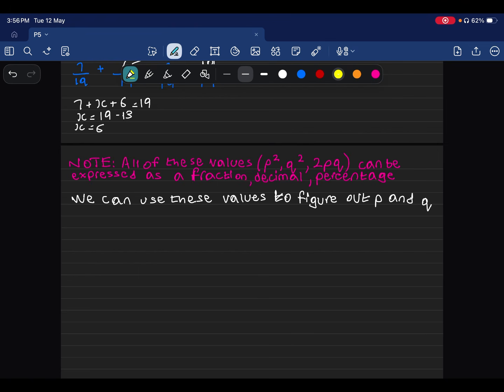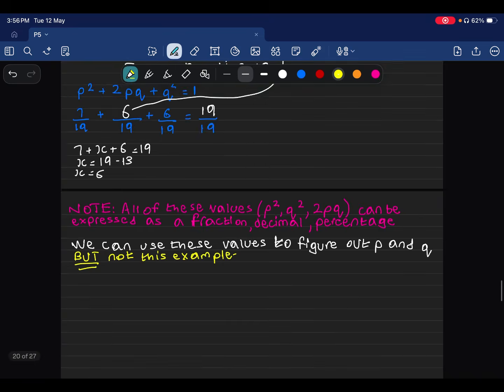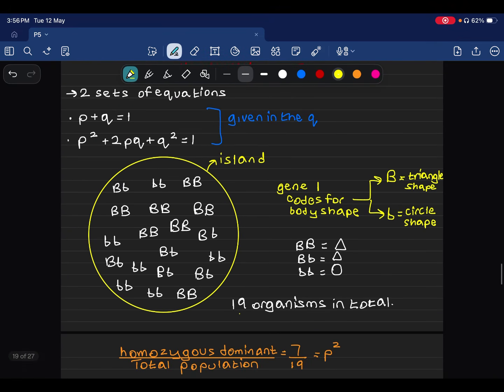You cannot do that in this example. Why is that? That's simple mathematics, just taking the square to the other side. The thing is, we don't have a problem with the mathematics. We have a problem in our particular example. Take a look at how many organisms were in total in our example. 19.